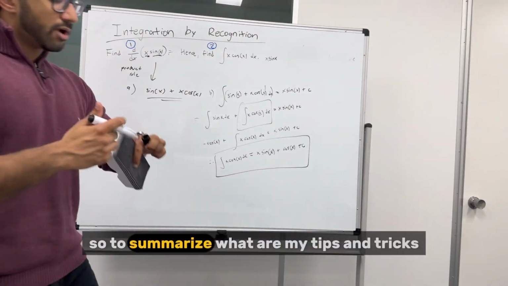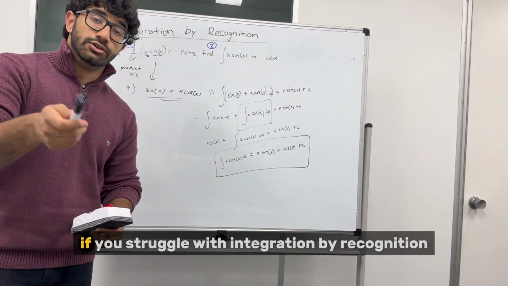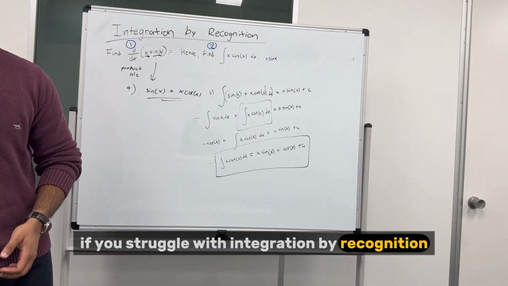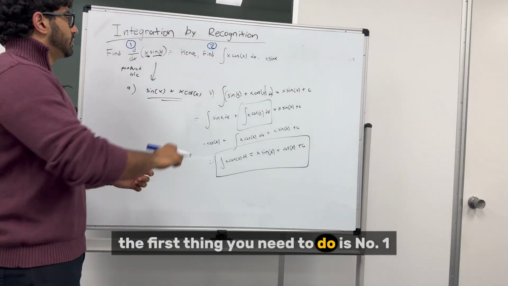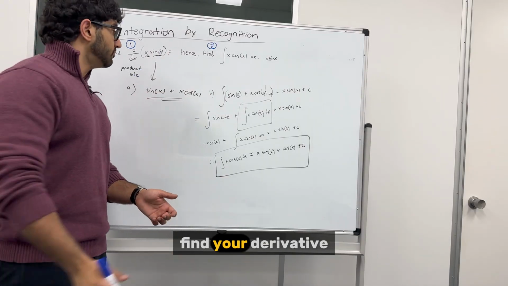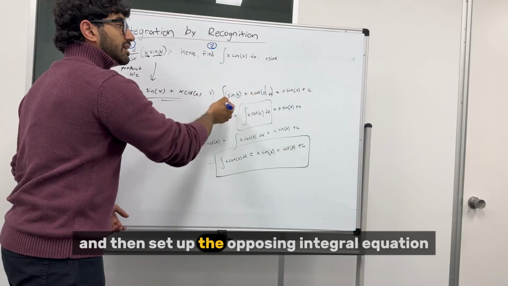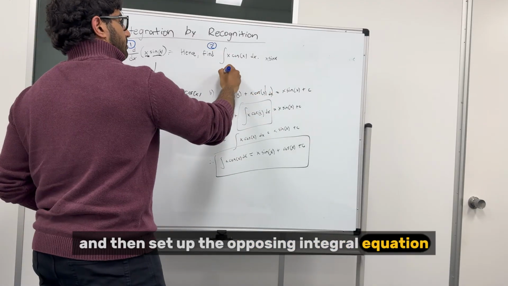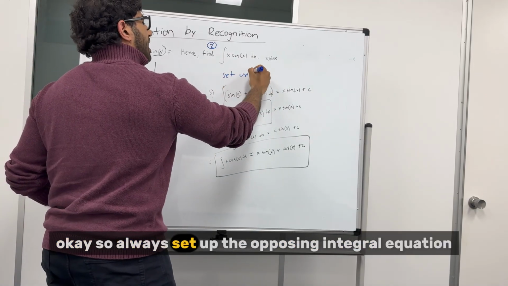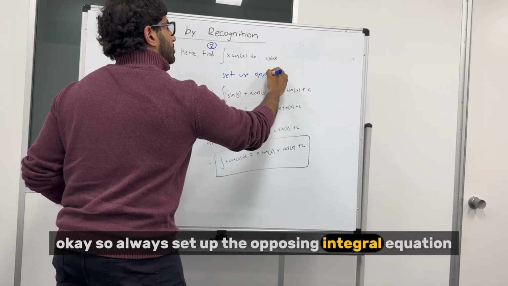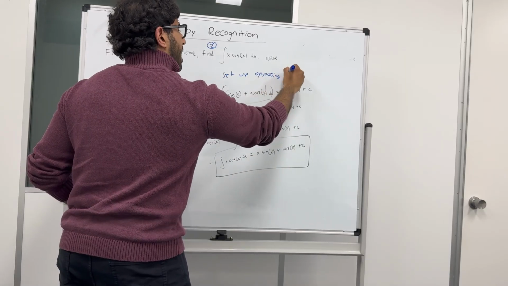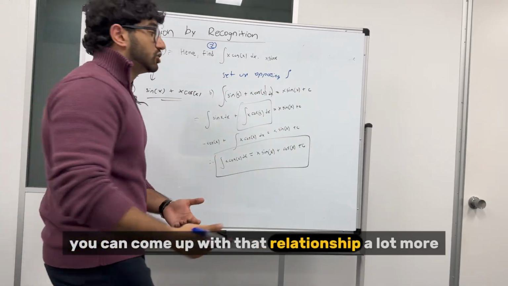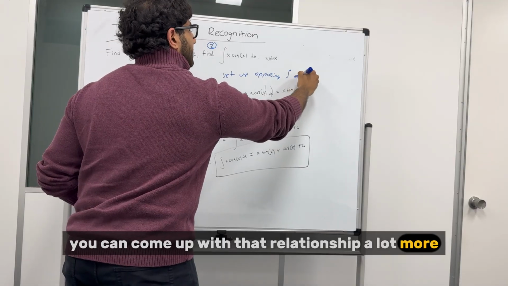So, to summarize, what are my tips and tricks if you struggle with integration by recognition? The first thing you need to do is, number one, find your derivative, and then set up the opposing integral equation. Okay? So always set up the opposing integral equation, and that way you can come up with that relationship a lot more easily.